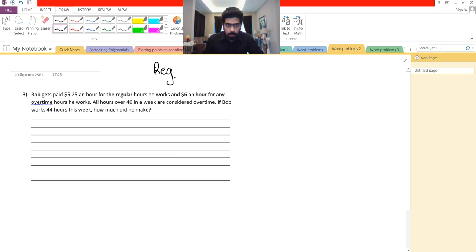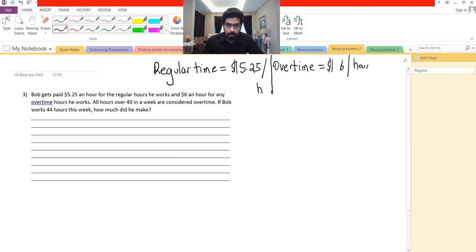Regular time is equal to $5.25. That does not look like a dollar sign anyway. You guys know what I'm talking about. And for overtime, or OT for short, he gets $6 per hour. Okay, guys, both of them are per hour.